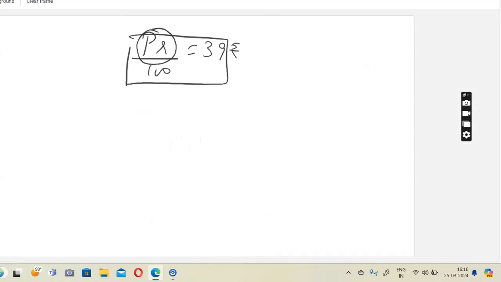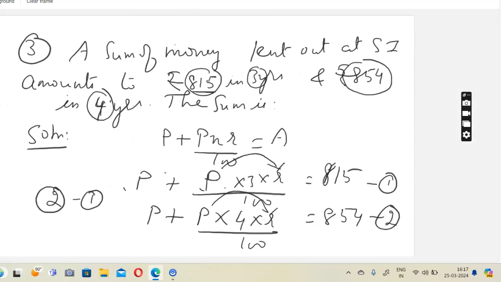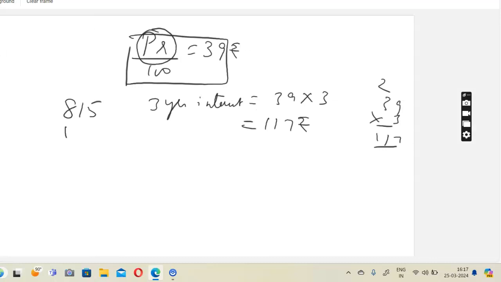Simple logic. So 3 years interest is 39 into 3, which is nothing but 117 rupees. So 117 when subtracted from 815 will give the original principal amount. So principal amount is rupees 698.